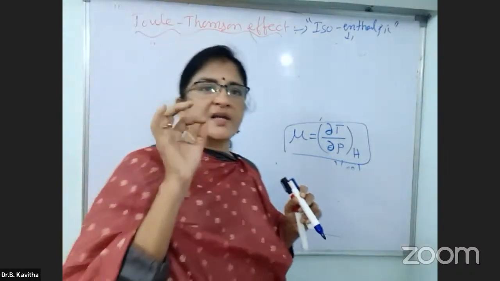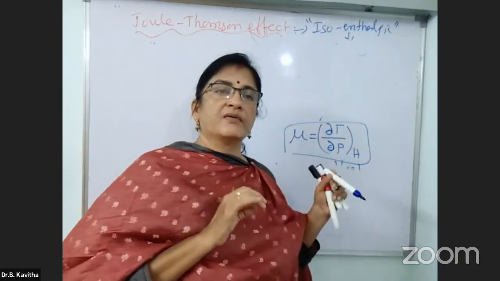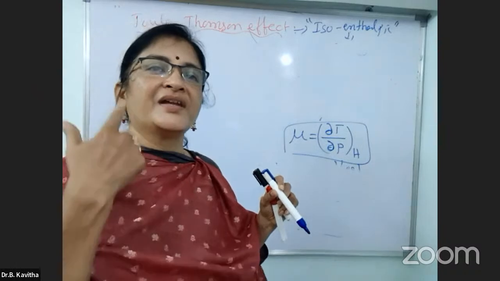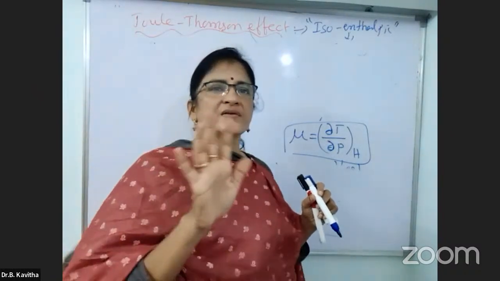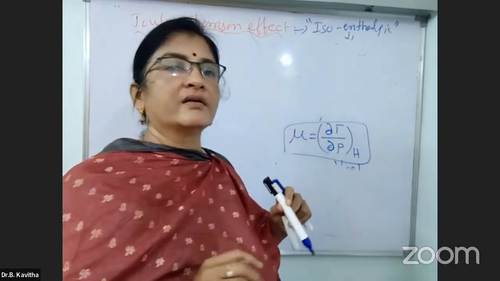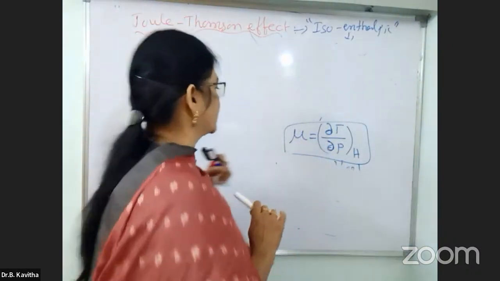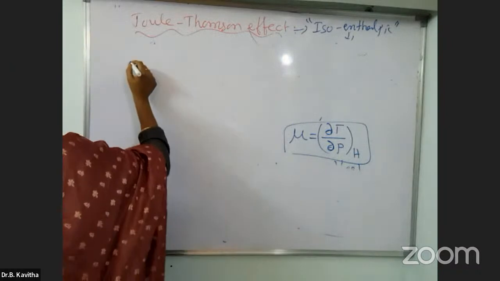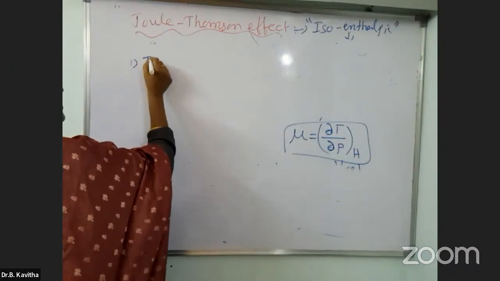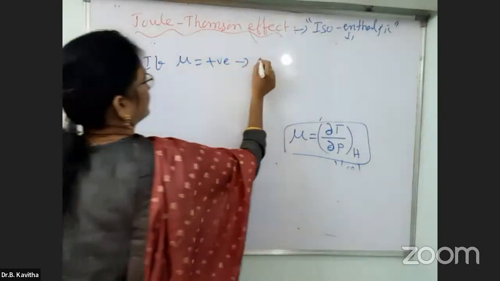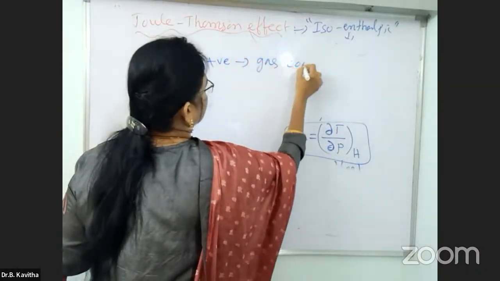But what will happen to hydrogen and helium? The temperature of hydrogen and helium increases. Right. So mu is equal to ∂T by ∂P at constant H. First thing to remember: if mu is positive, the gas cools down.